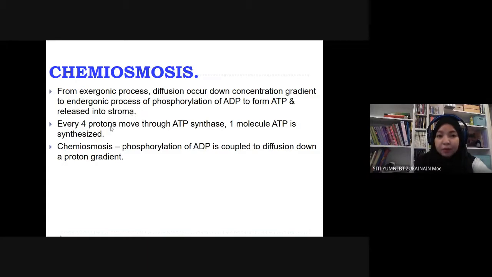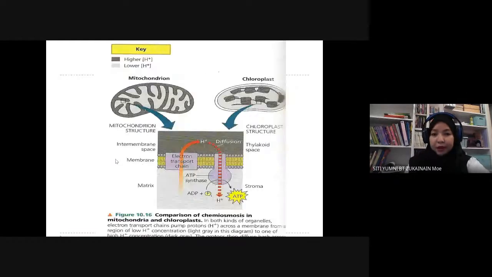So for every four protons that move through ATP synthase, one molecule of ATP is synthesized. So in chemiosmosis, phosphorylation of ADP is coupled to diffusion down a proton gradient. How is phosphorylation of ADP coupled to diffusion down a proton gradient? Before we go further, let's look at here.